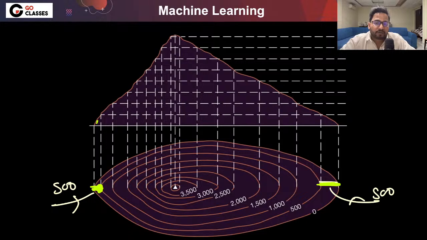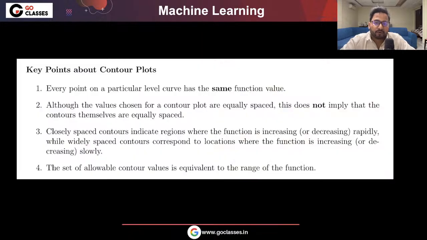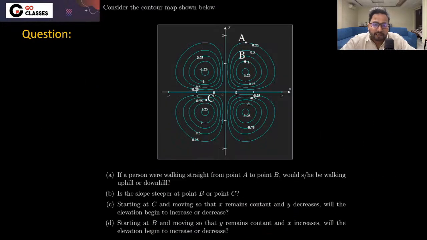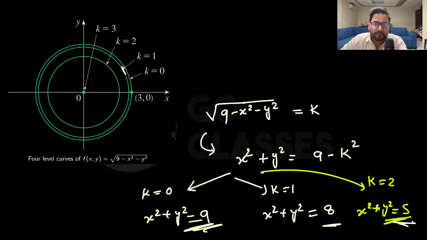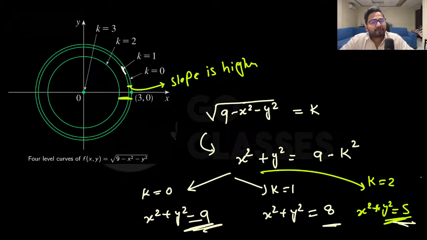If the contours are closer to each other, it means the slope is higher compared to this point. This is what I want to convey.